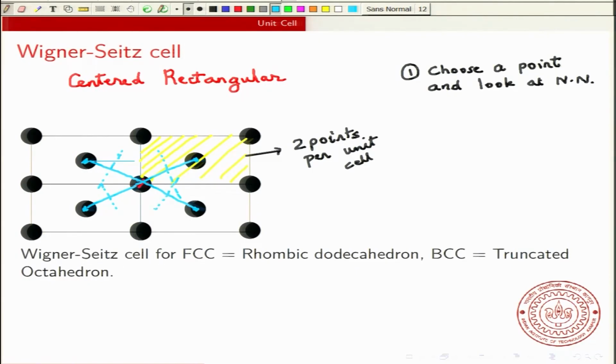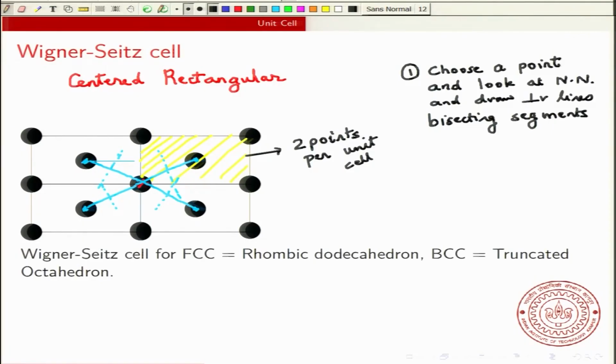So, these are lines that are perpendicular to each of these lines that join the nearest neighbors. So, the second step I should write is to draw perpendicular lines bisecting segments. And what I mean when I say segments is bisecting these segments that join the point to its nearest neighbor point.